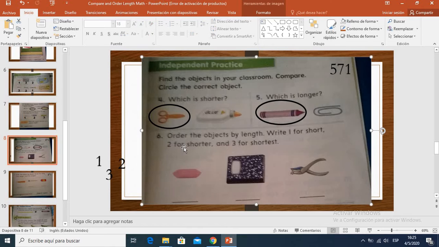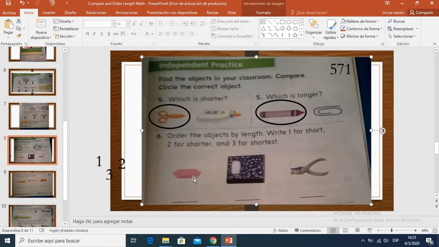Okay, now exercise number 6 says, order the objects by length. Right, listen. Write number 1 for short, number 2 for shorter, and number 3 for shortest. Okay, so all these objects are short.